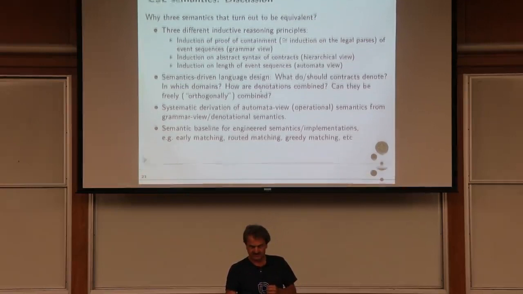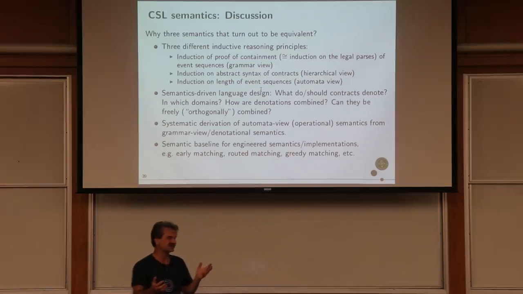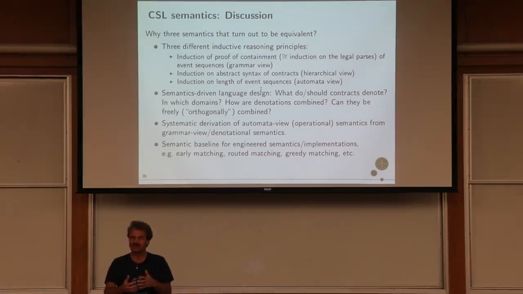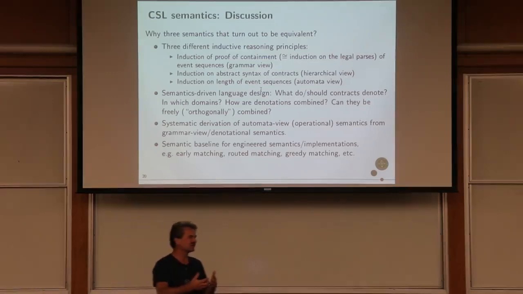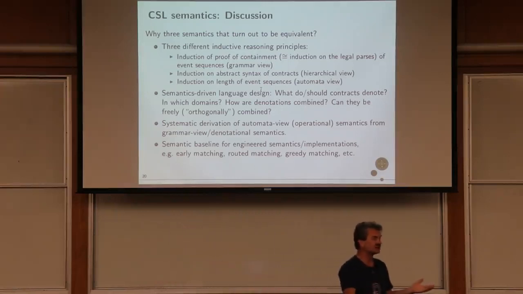Then the semantics-driven language design was very important to us. We started after a while by thinking, what is it that a contract should denote? That really means, what should I be able to observe about it, and what should I not be able to observe about it? That's maybe the most important part.